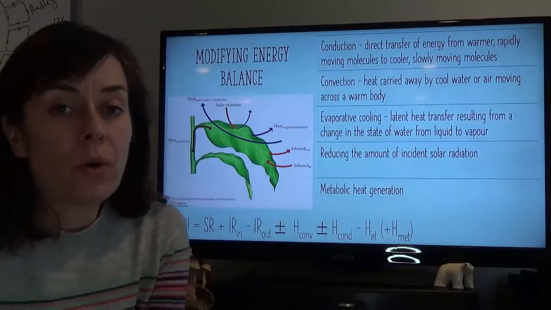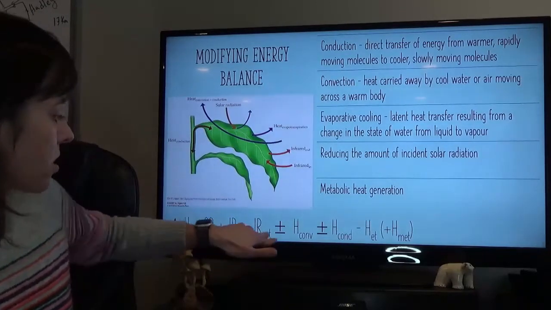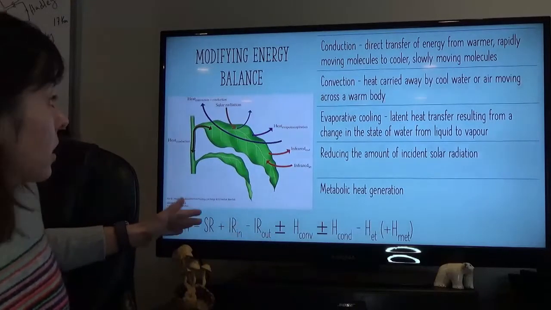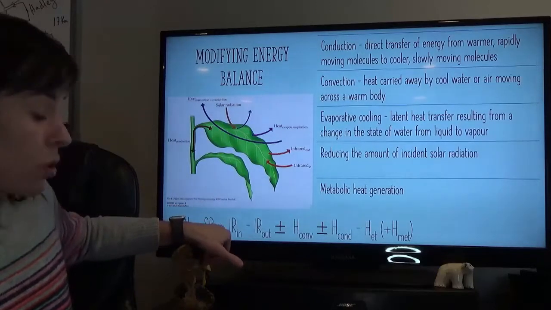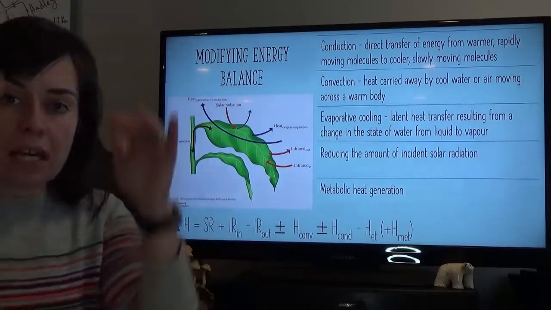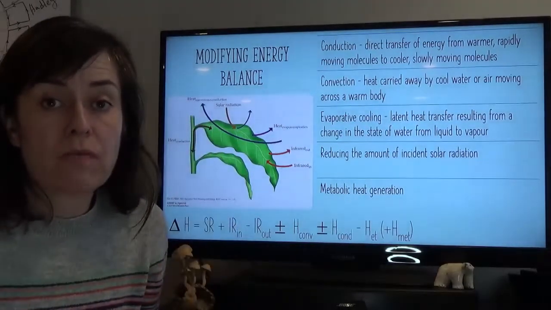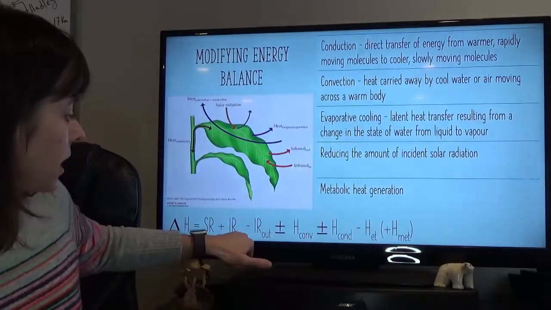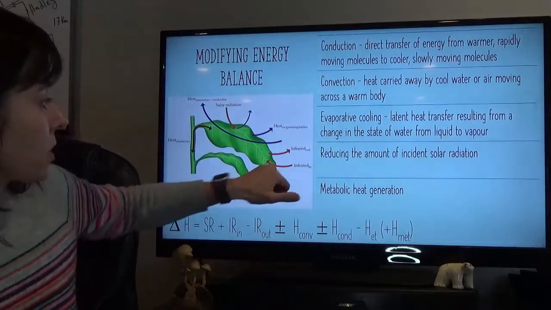Okay, so when we think about the energy balance of an organism, there are a number of pieces we need to think about. Delta H, the change in heat, is a function of shortwave radiation, which is the direct radiation from the sun, the infrared radiation incoming and the infrared radiation outgoing.